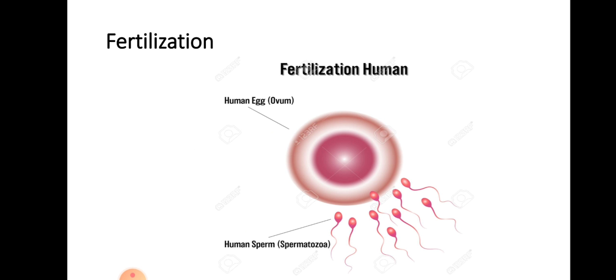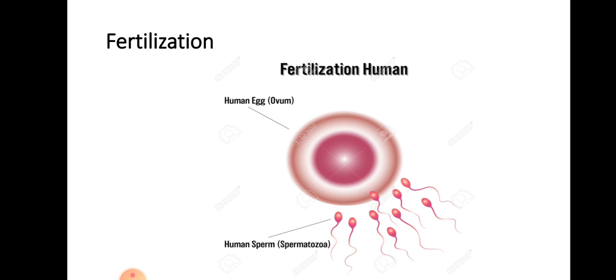The process of fertilization is the meeting of an egg cell from the mother and a sperm cell from the father. So the new individual inherits some characteristics from the mother and some from the father.